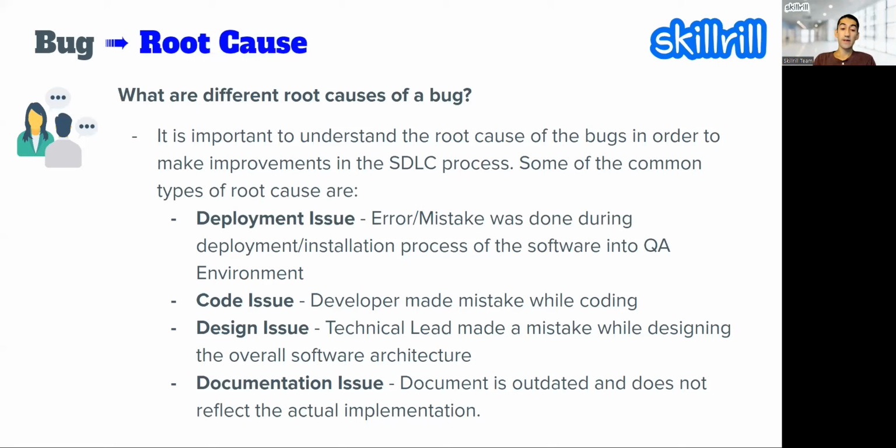And of course, code issue, a developer might make a mistake. That's a common one. And there could be a design issue as well. Design is a phase that happens before coding.